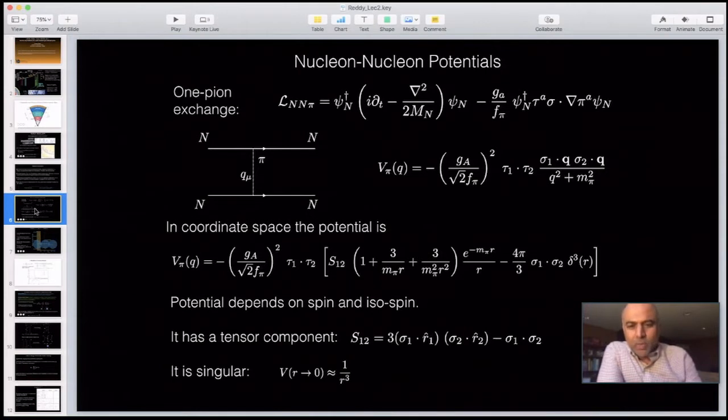But in addition, you see that there are terms that are proportional to 1 over r squared, and there are terms that are proportional to 1 over r cubed. There is also a term that is a delta function in radius. So what this means is that at very small r, when the distance of separation between the two nucleons is very small, this interaction is very singular.